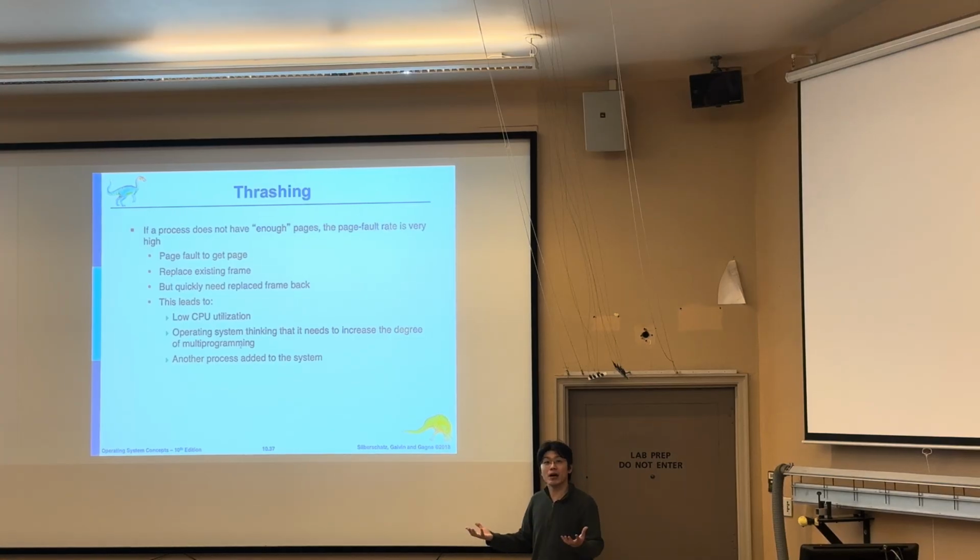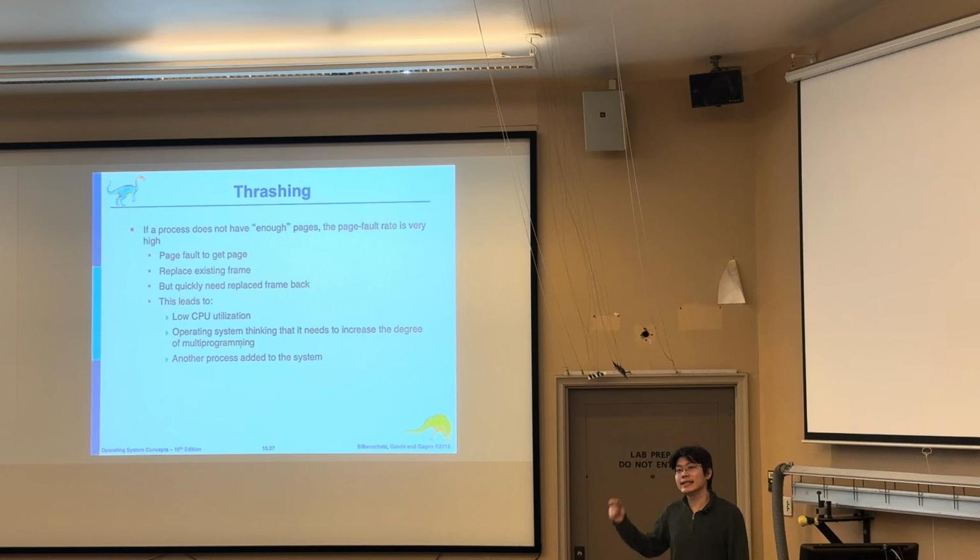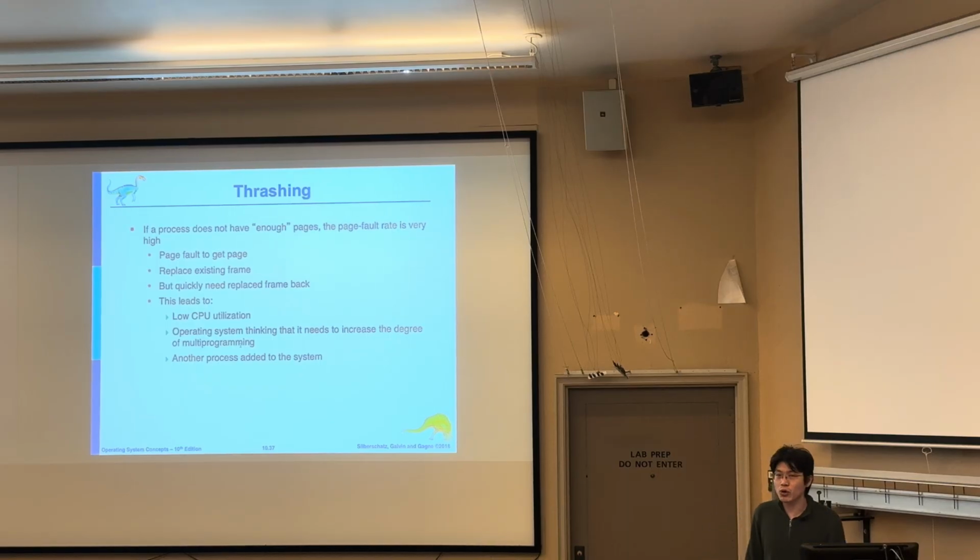We have too many processes in the computer, and each of the processes is only using a small amount of memory. You can also run into this thrashing scenario and cause low CPU utilization. So this signal, low CPU utilization, by itself, can confuse the OS. The OS cannot tell whether it needs to increase or decrease multi-programming.